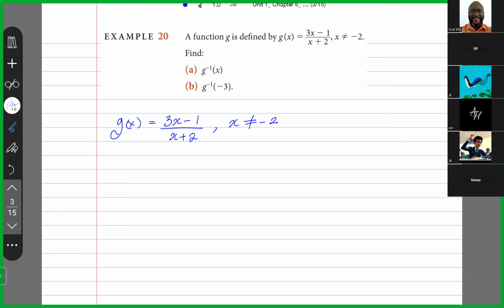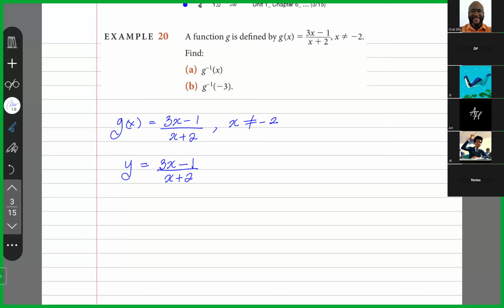All right, so we want to find the inverse. Step 1, we're going to write the defining equation by switching out g of x and y. Minus 1 over x plus 2. So this is the defining equation.